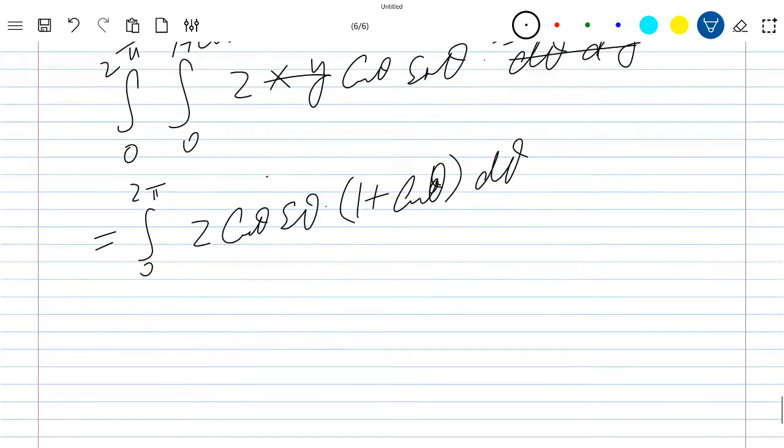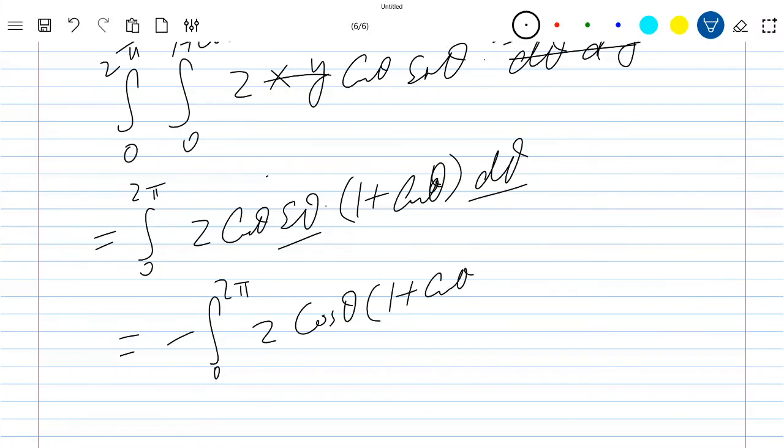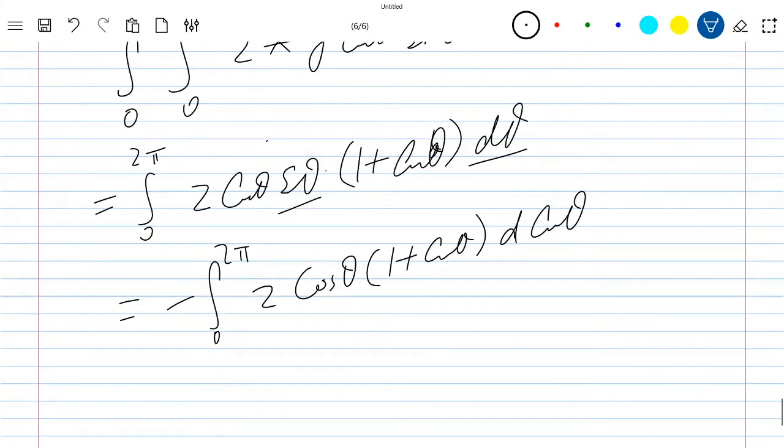Right. So this time we will combine sine with that, and once again I have this negative sign. I will try to remember it. 1 plus cosine theta d cosine theta.